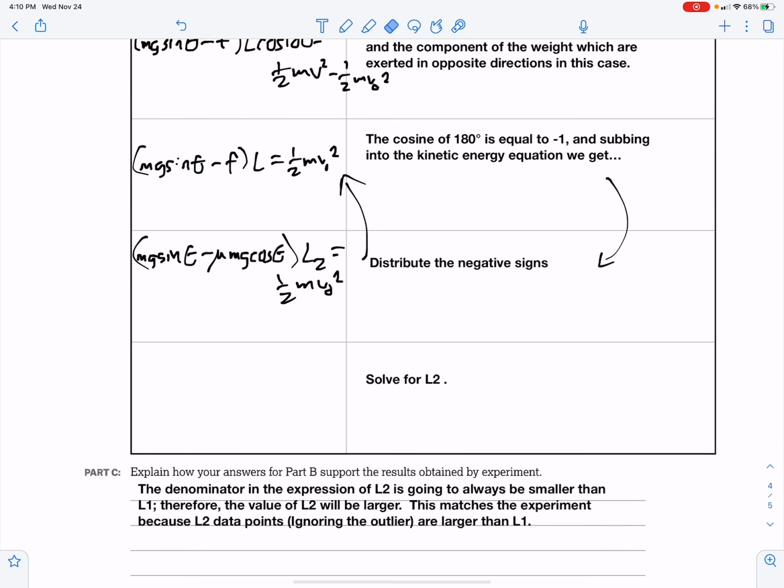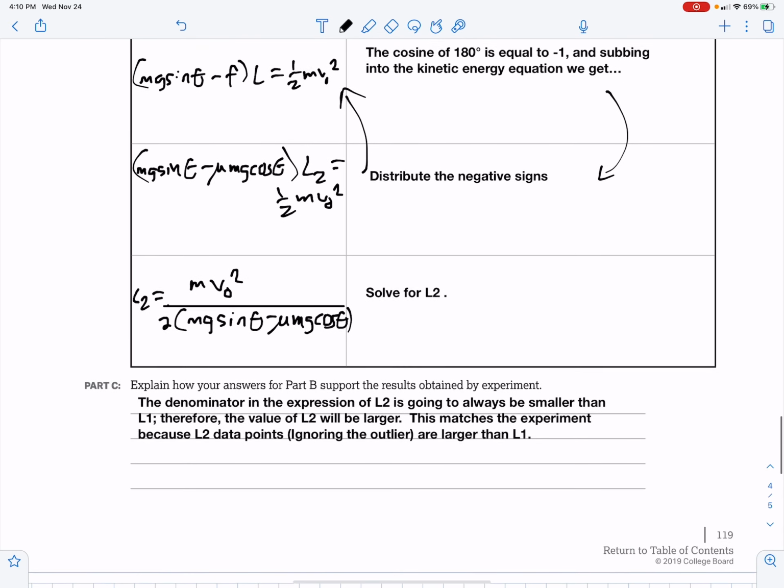Go ahead and solve for L2. L2 would be mv naught squared over 2 times the quantity of mg sine theta minus mu mg cosine theta.